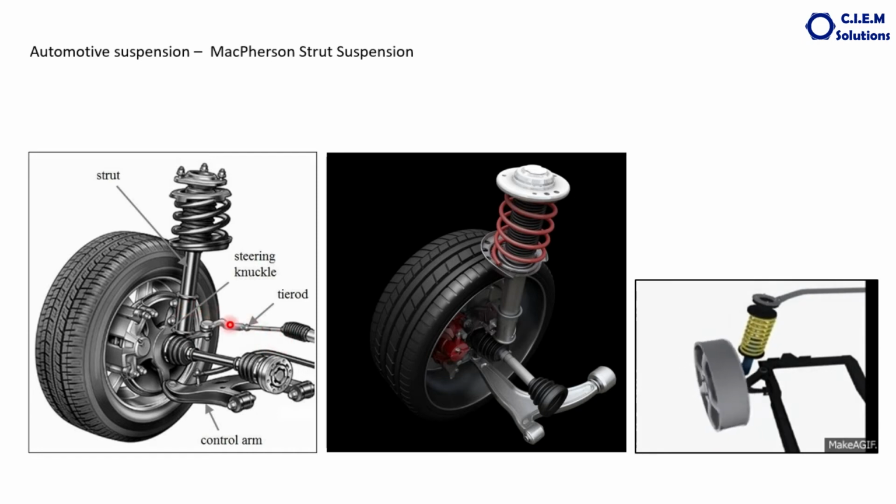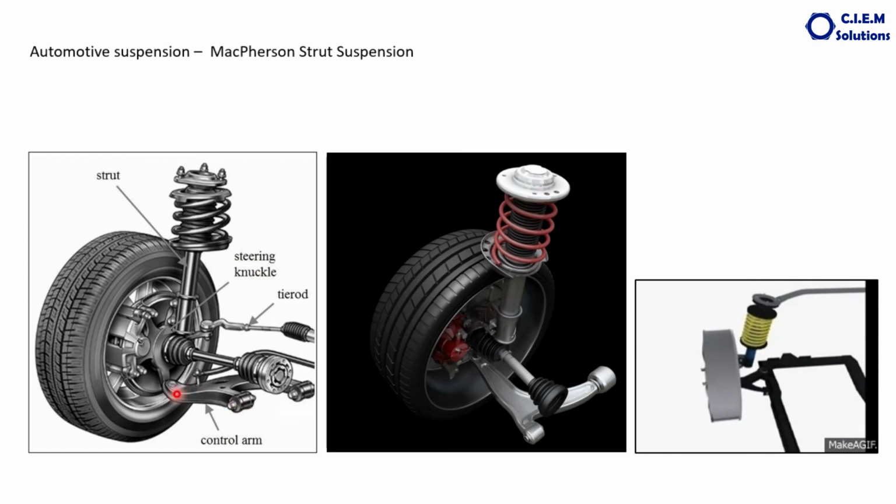This is the steering tie rod. Then the second part is the control arm. The control arm has one open, wide end with two bushings and pins connected to the body or chassis of the vehicle. The function of the bushings is that whenever the tire moves up and down, they give the rotational movement here with a snubbing action with the help of the rubber bushing.